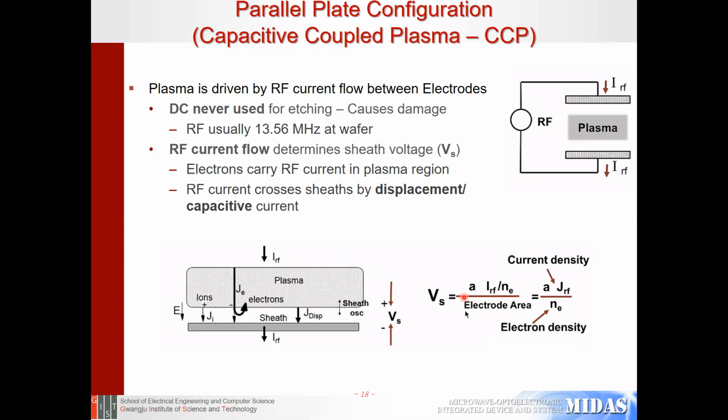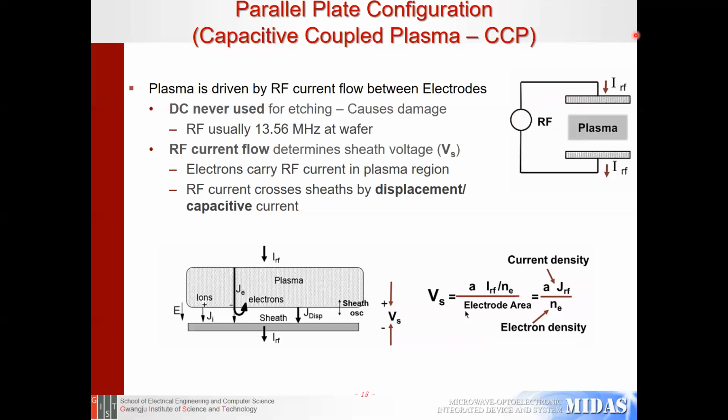So here I am showing the parallel plate, where our plasma is placed between those plates, and there is a sheath on both sides of the plasma between the plates. The plasma is driven by the RF current that goes through the electrodes.